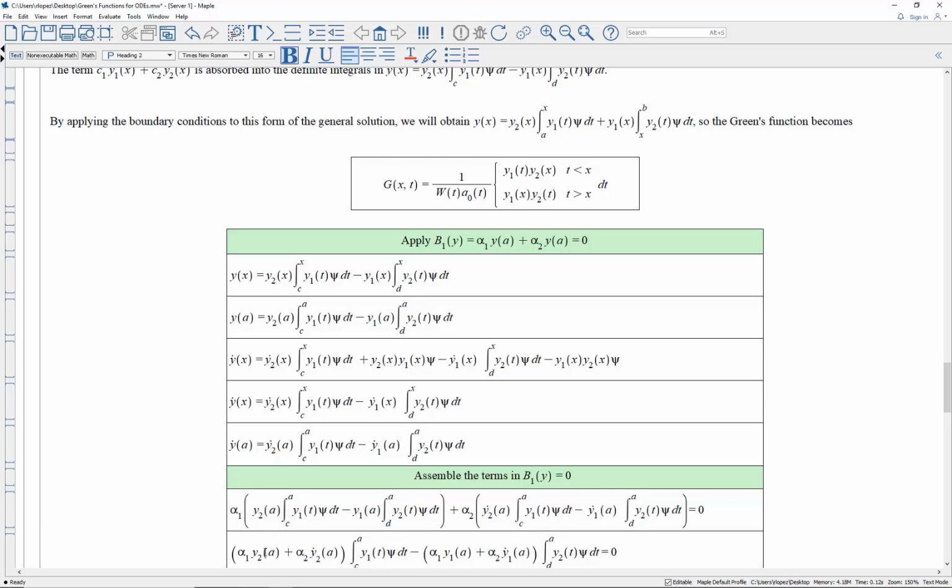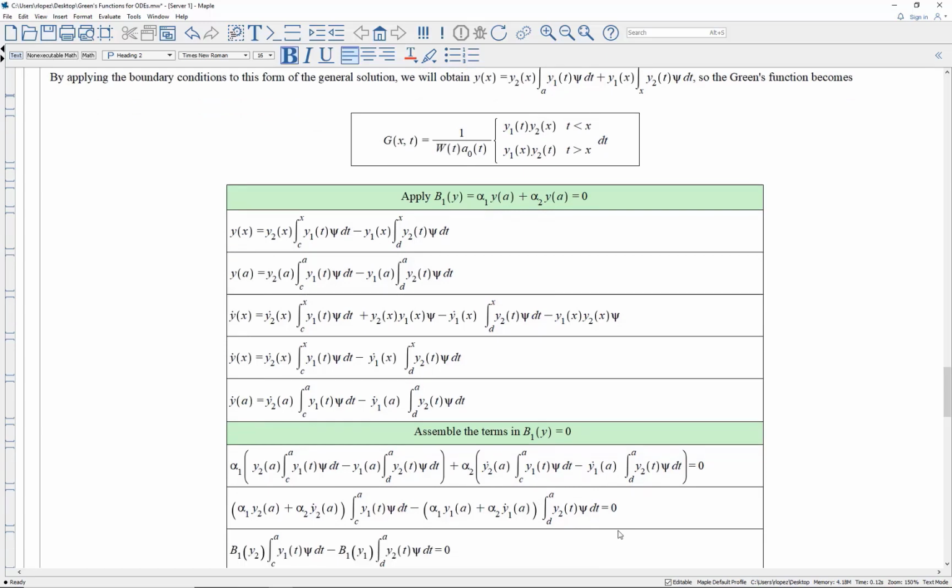Alpha 1, y2 at A, and this is alpha 2, y2 dot at A. That's this term here. Then you have the integral d to A, one here and one here. Factor it out. The multipliers are alpha 1, y1 at A, that's this term, and alpha 2, y1 dot, that's this one here.